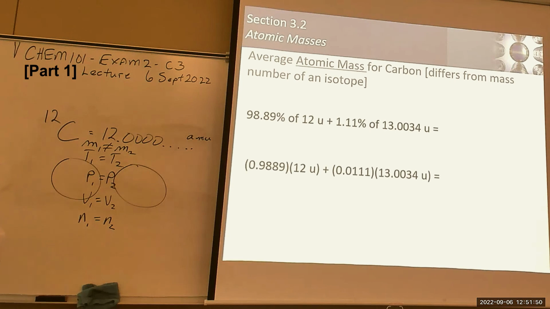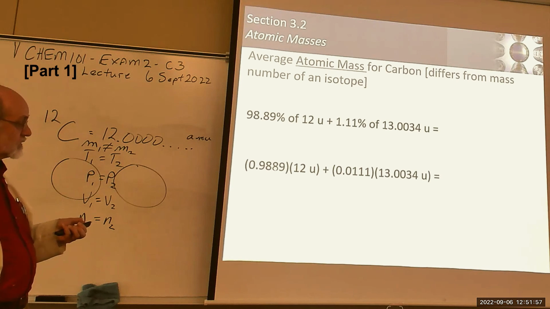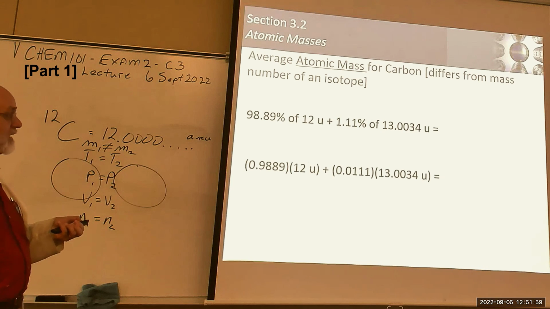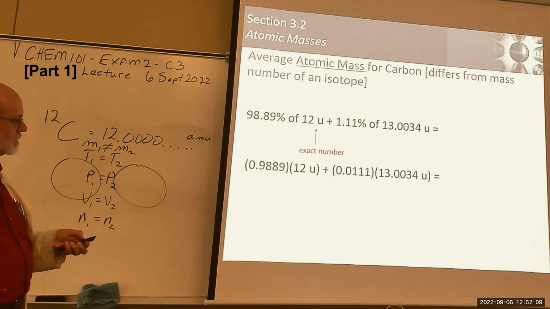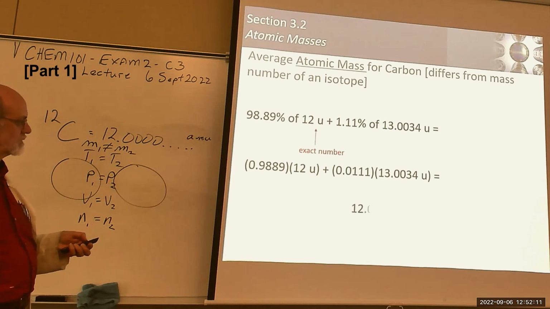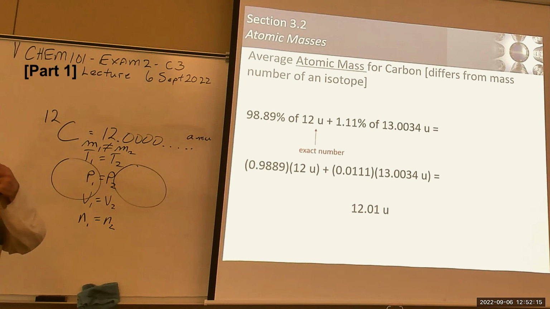And since carbon-14 is such a small amount, we're just going to leave it out. But the contribution that each one makes to the weighted average is this much, and this much for that. And then when you multiply those out and add them together, you get, well, that's an exact number. You get an average of 12.01.